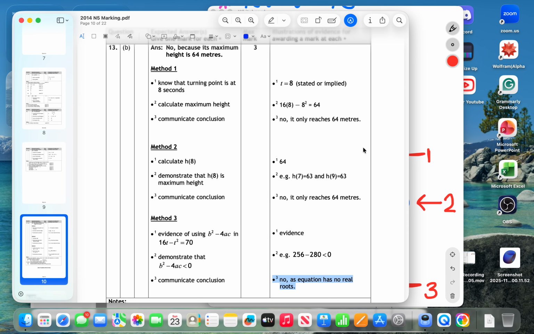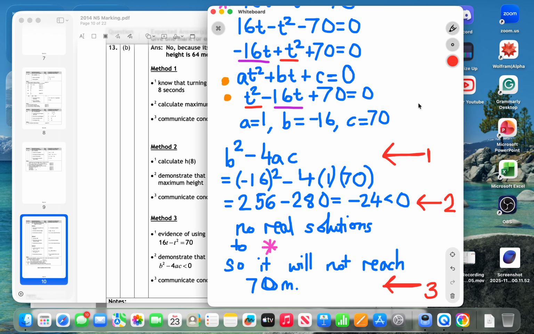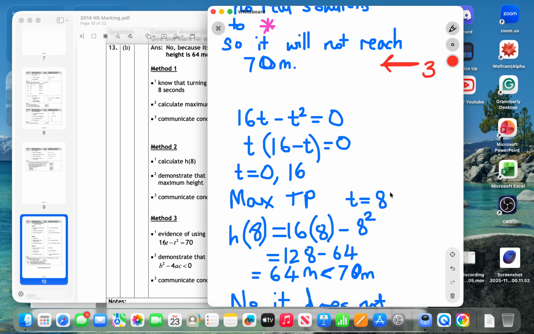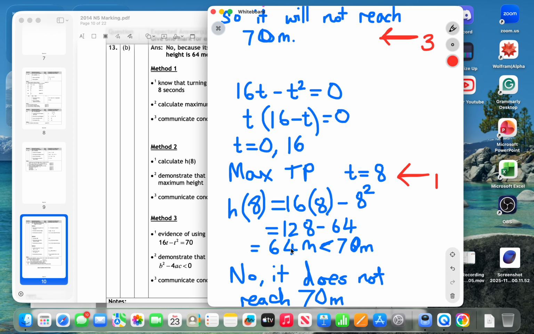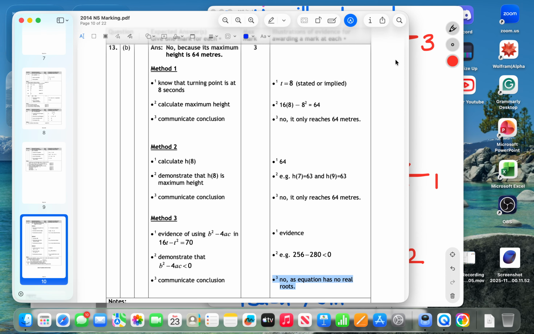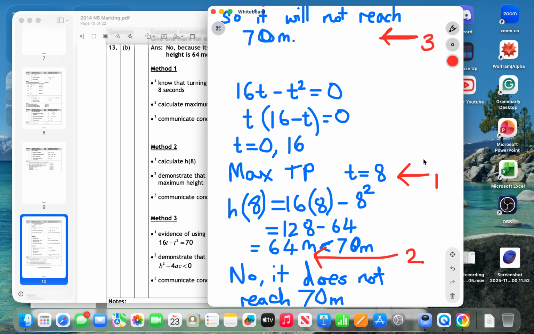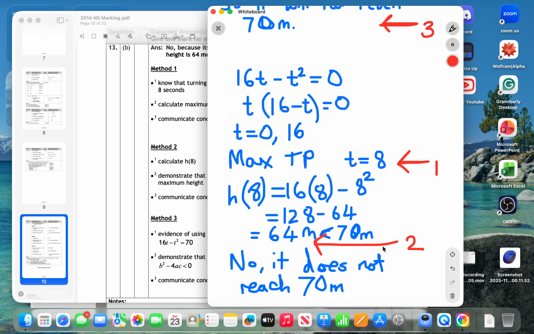So method 1, the 1st mark would be for finding that the maximum turning point is dictated by t equals 8. That would be t is 8 is 1 mark. Finding the maximum height is the 2nd mark. So knowing that the maximum height is 64 is the 2nd, and the 3rd mark is for the conclusion.